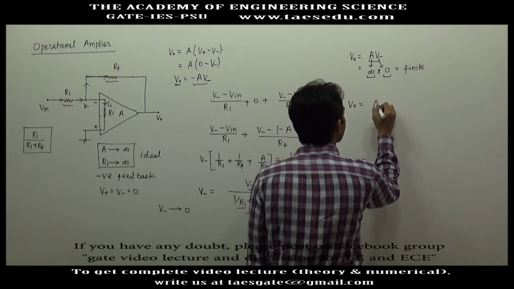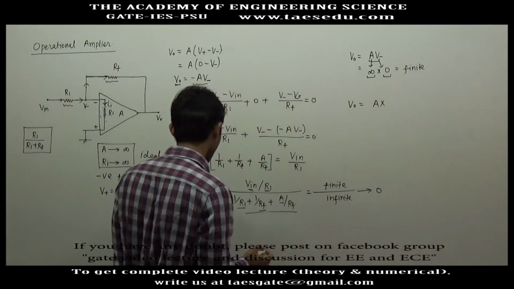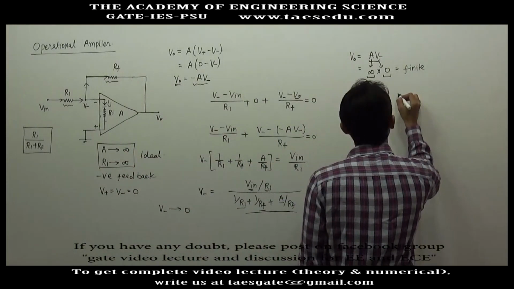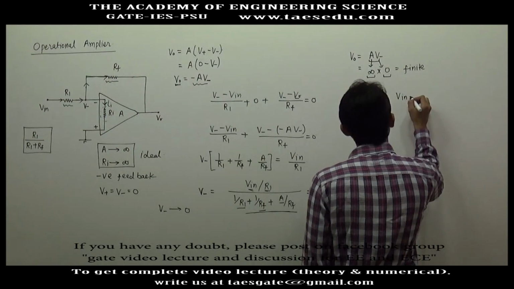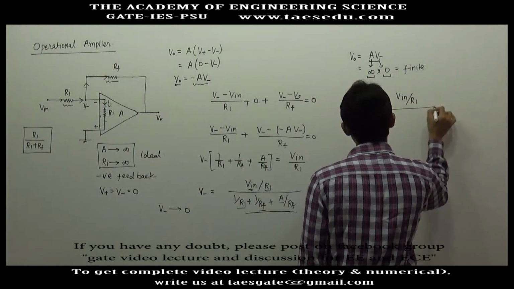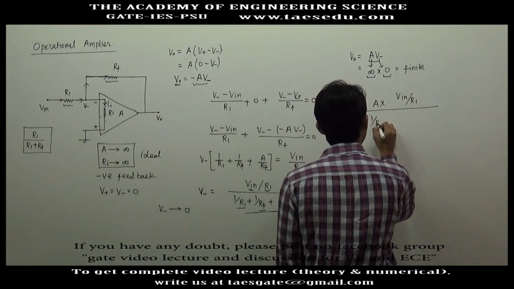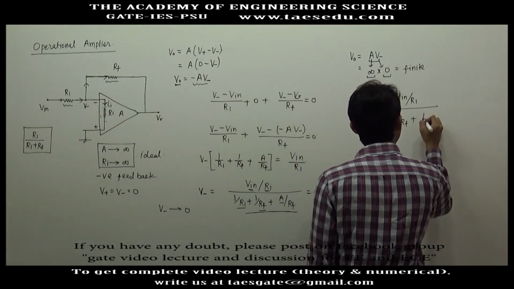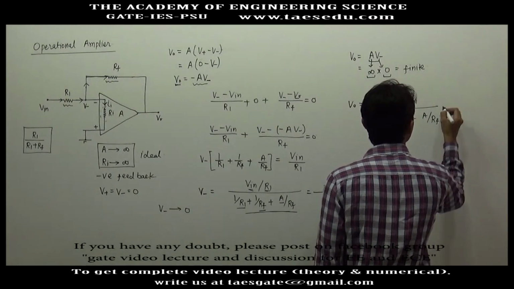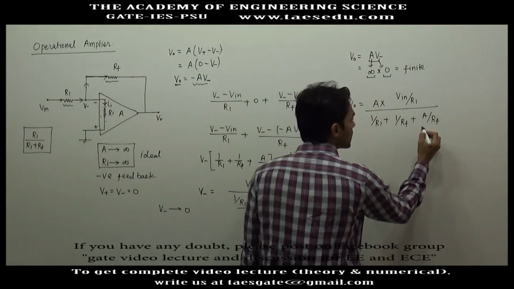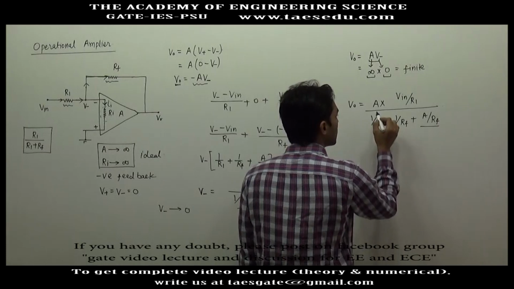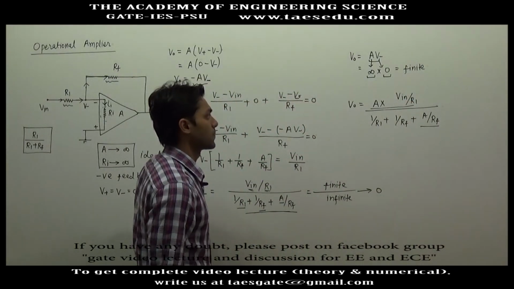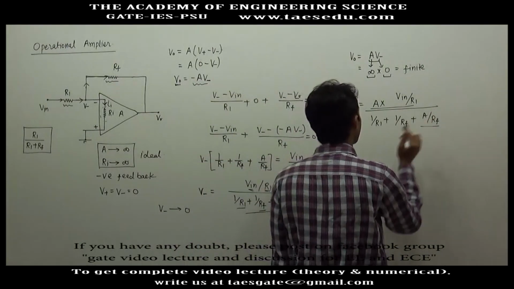V naught is equal to A into, what is the expression of V minus? This is the expression: A into V input divided by R1, divided by 1 upon R1 plus 1 upon Rf plus A divided by Rf. In the denominator you have an infinite quantity, in the numerator also you have a quantity which tends to infinity. So you have an infinite by infinite form.